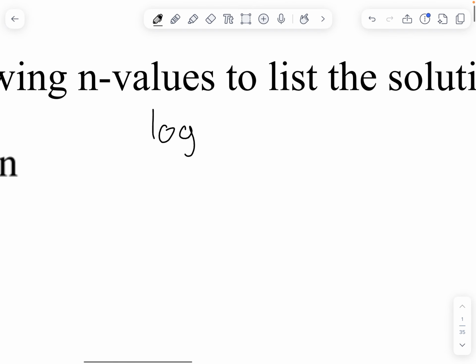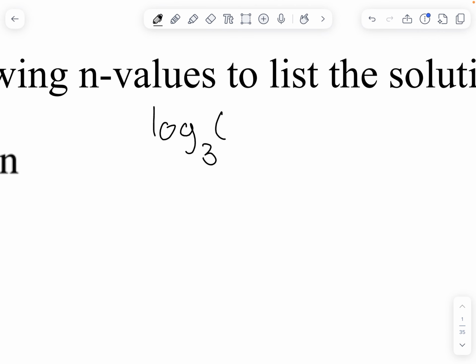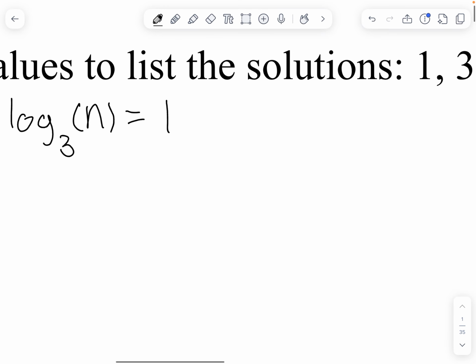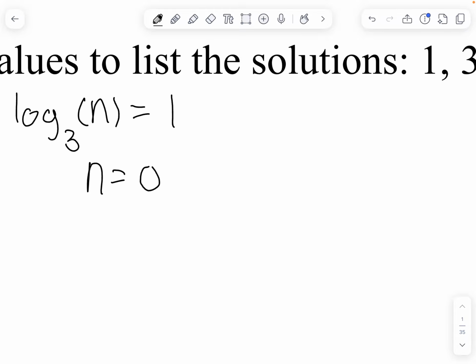Log base 3 of n equals 1. So what would that be? n would obviously equal 0 because any log that equals 1 is automatically 0, right?